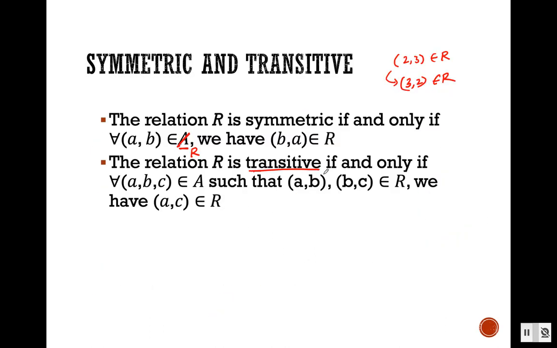Now we'll talk about the transitive relation. A relation R is transitive if and only if for all a, b, c belonging to A, for any three numbers a, b, c, if it happens that (a, b) belongs to R and (b, c) belongs to R, then (a, c) will also belong to R. Meaning if a is related to b and b is related to c, then a will also be related to c.